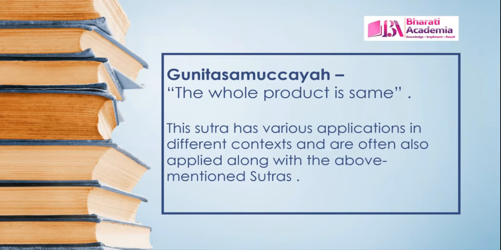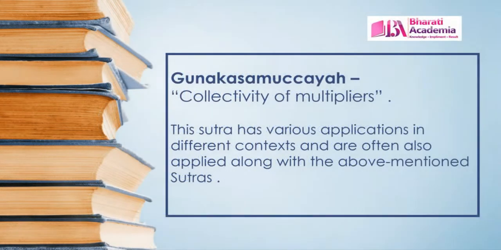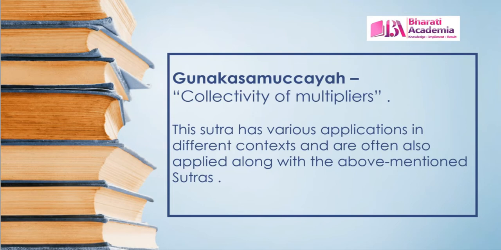This sutra has various applications in different contexts and is often applied along with the above mentioned sutras. Gunakasamuccayah means collectivity of multipliers. This sutra also has various applications in different contexts.